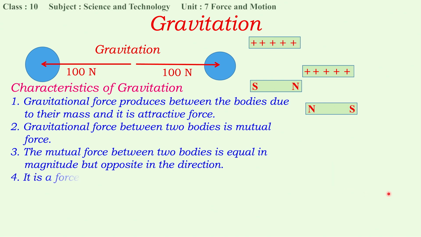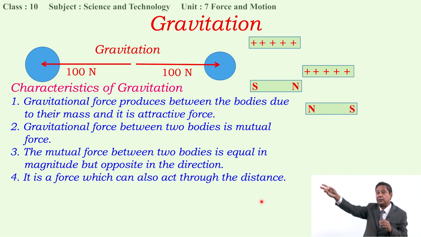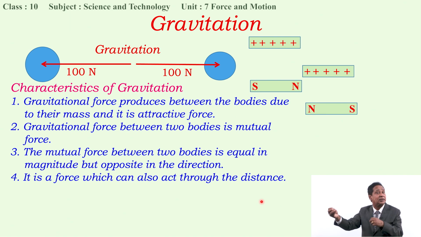Okay, next characteristic. It is a force which can also act through a distance. What does it mean? The Sun is far away from the Earth, but the Sun attracts Earth. The Moon is also far away from the Earth. This Moon attracts Earth, Earth attracts Moon. It means it's not necessary to be touching each other.